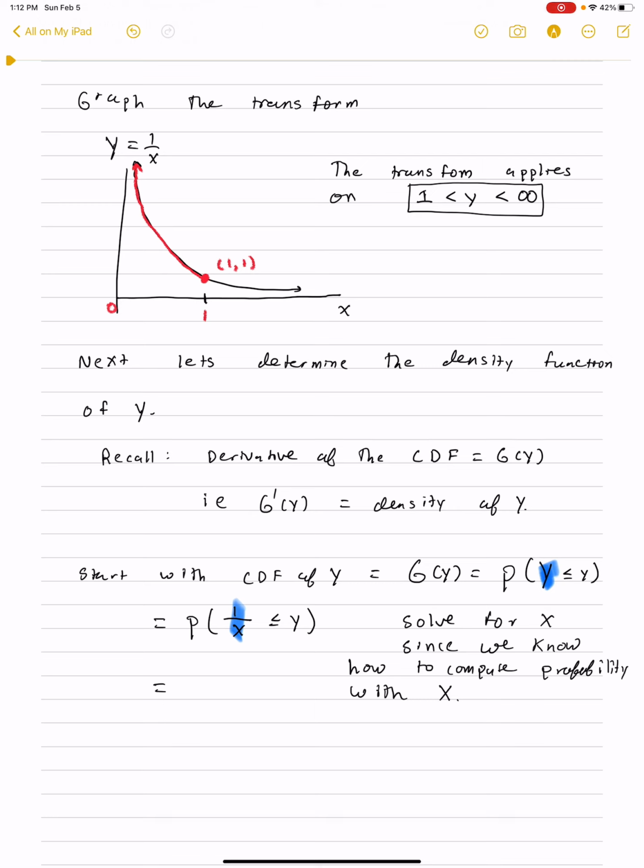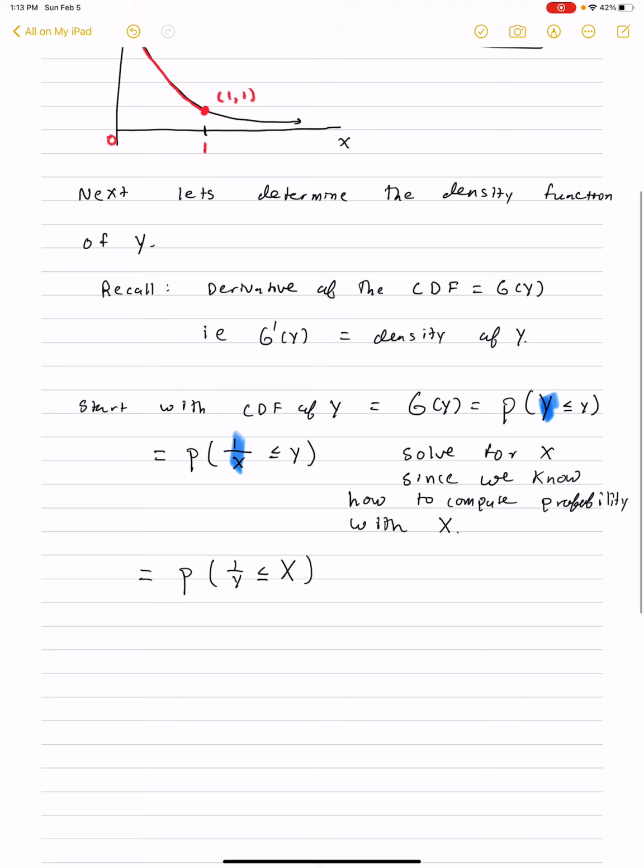Okay, so let's do that. And I'm going to give myself a little bit more room. So if I solve for x, this corresponds to 1 over y is less than or equal to x, where x is bigger than or equal to 1 over y.